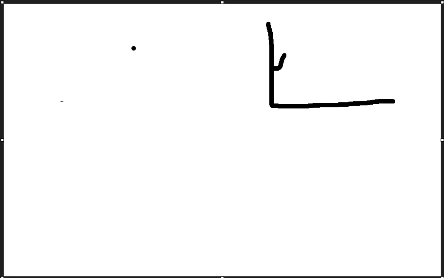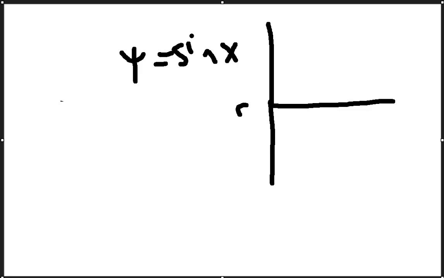Suppose we have a wave function, let's make it something better: sine of x is equal to psi. Well, then this is 0. It's going to look a little bit like this.